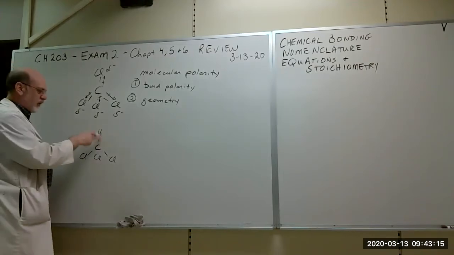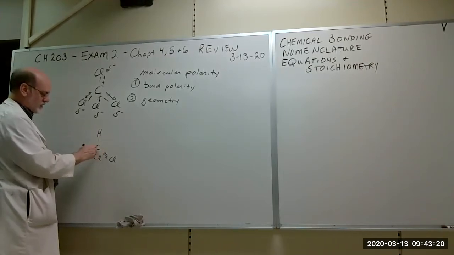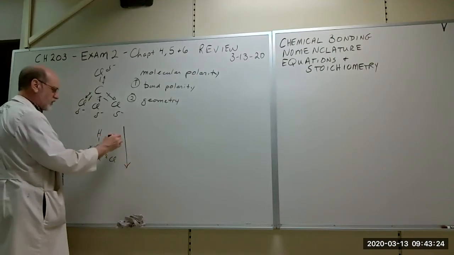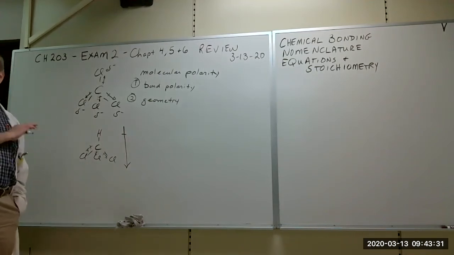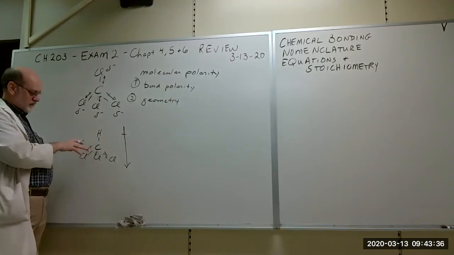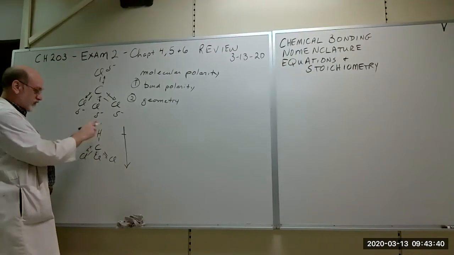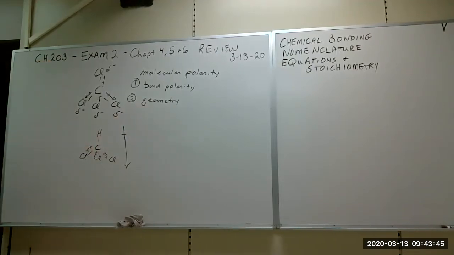So there's really no polarity here, but you still have polarity there and there and there. So the overall polarity of the molecule is toward the chlorine side. This is chloroform. Right? So it is polar. These bonds are polar. That one's not. Geometry says it's polar because it's not symmetrical.